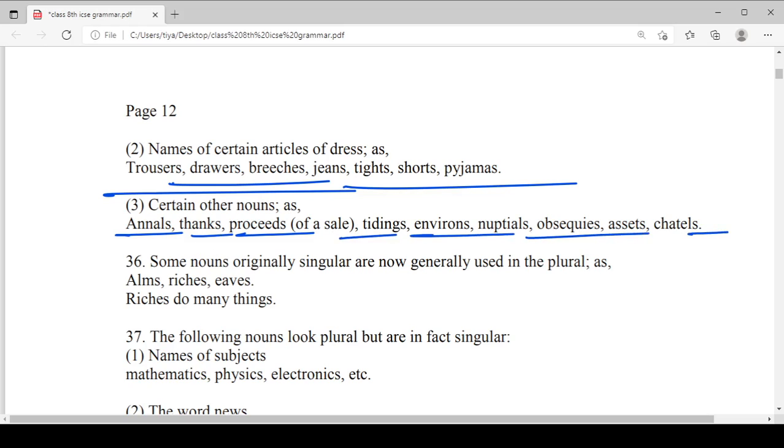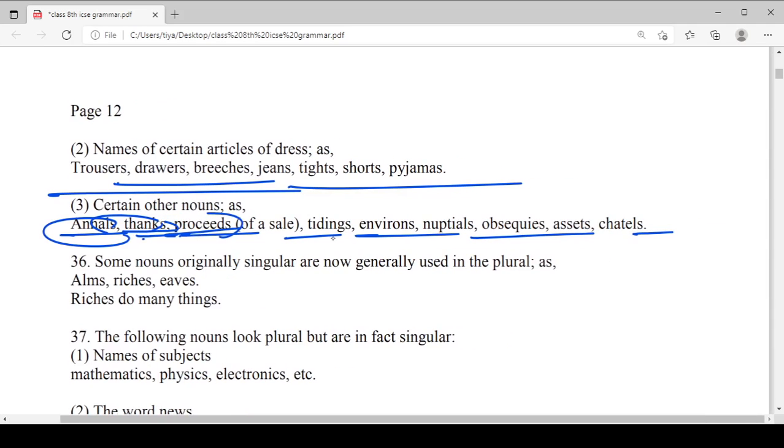These words are also used with s. We cannot say proceed for proceeds, or thank for thanks, because it is the complete word with the s. Annals makes complete sense with the s.